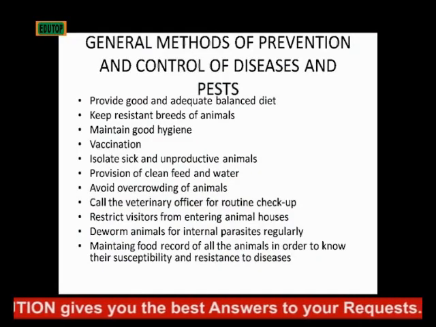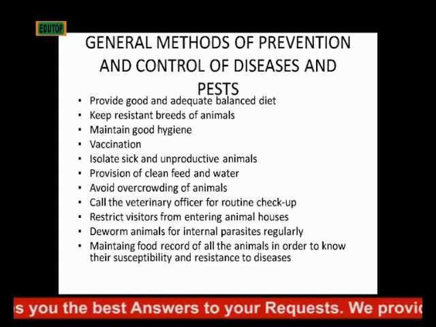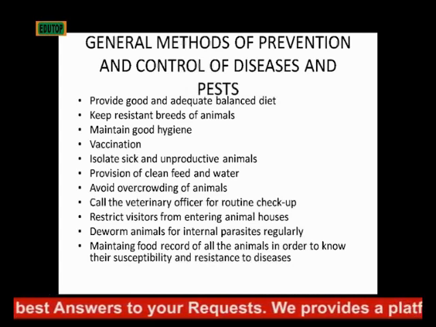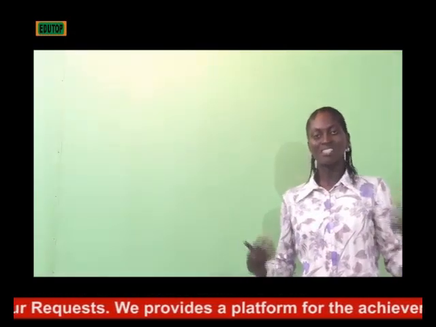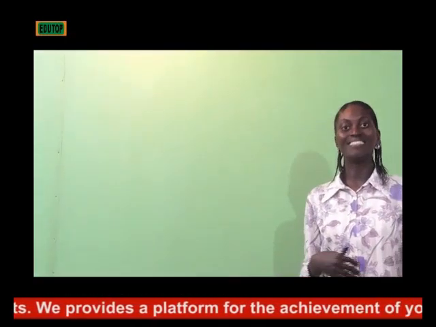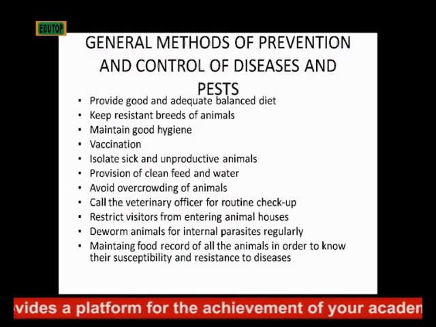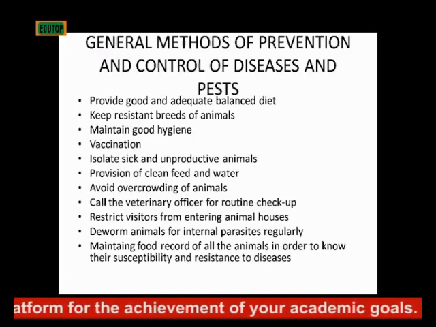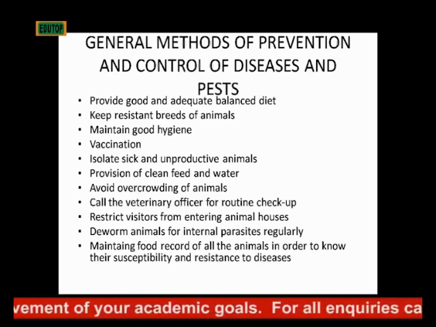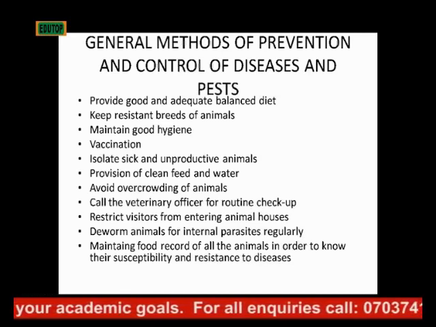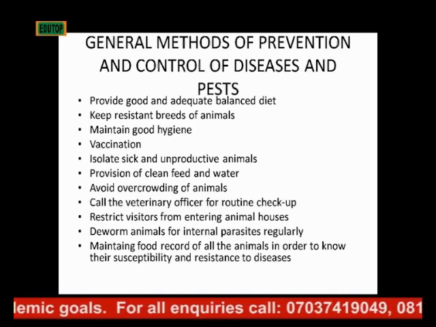Another point is that you should deworm your animals from internal parasites regularly. When they take deworming drugs, internal parasites are dealt with. Then you should maintain good farm records for all the animals so that you'll be able to know the ones that are susceptible and the ones that are resistant to a particular disease.